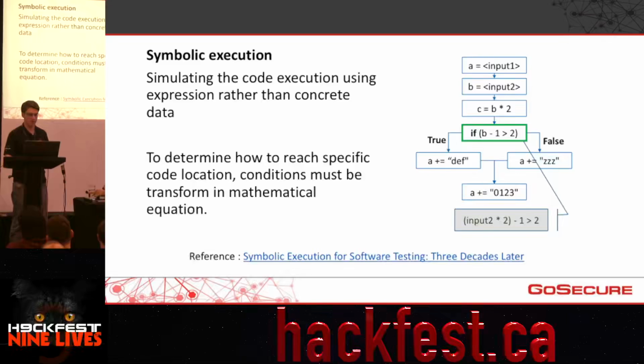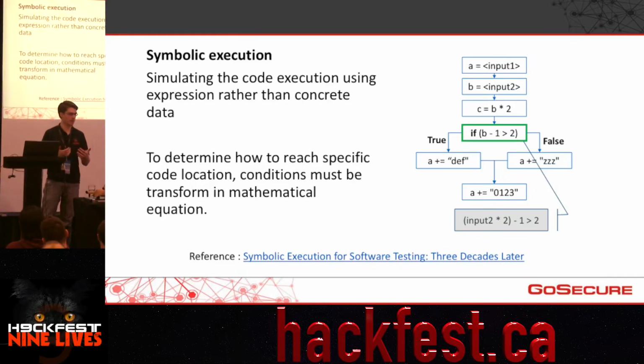So how can we define how to reach this condition? This is symbolic execution. Symbolic execution is the idea that instead of having real values, like at runtime, we're replacing values with symbols. We have a pseudocode on the left. Input is not a constant value. It's just something we're going to keep, transform, and build on top of.